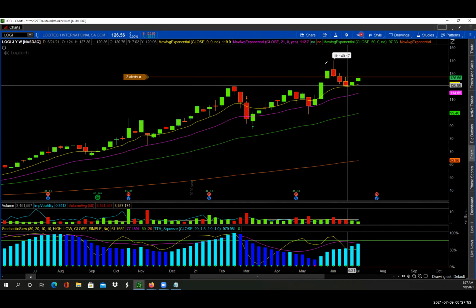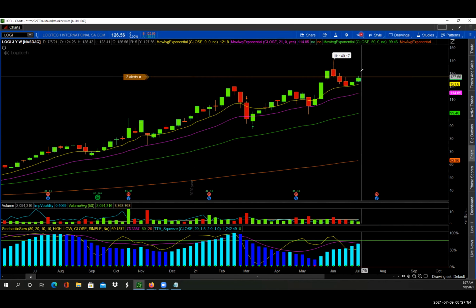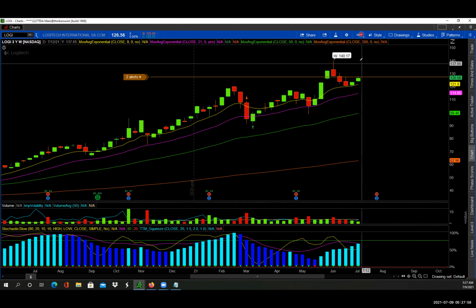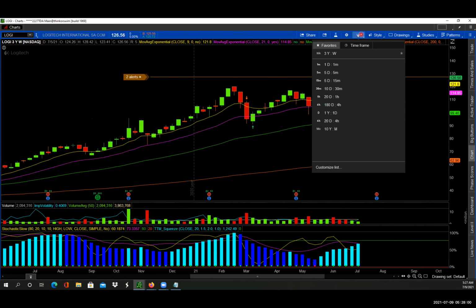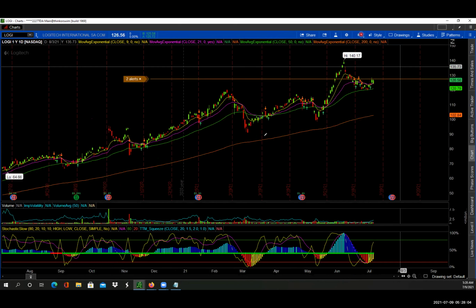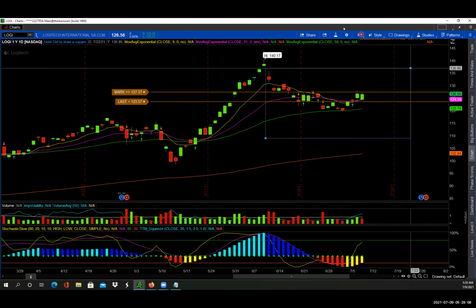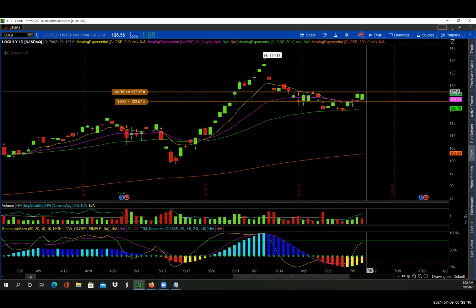I knew the weekly chart was looking really bullish and that we were breaking out of consolidation. I've had it on my watch list for quite some time, and it finally broke out.